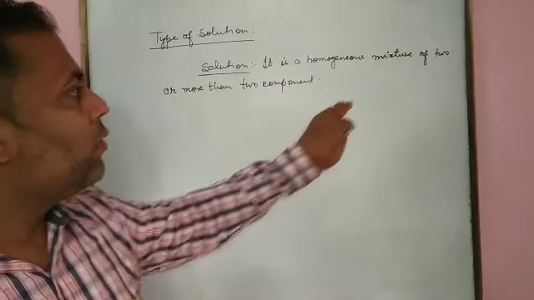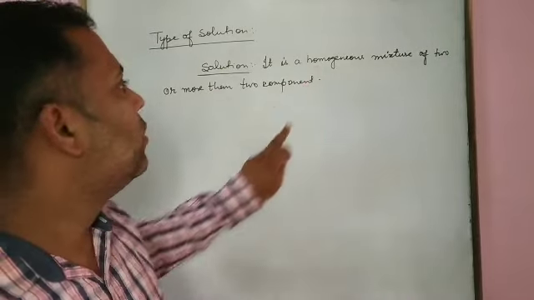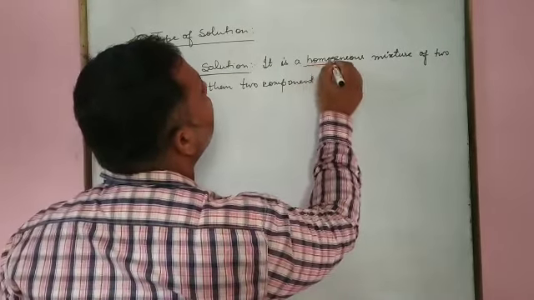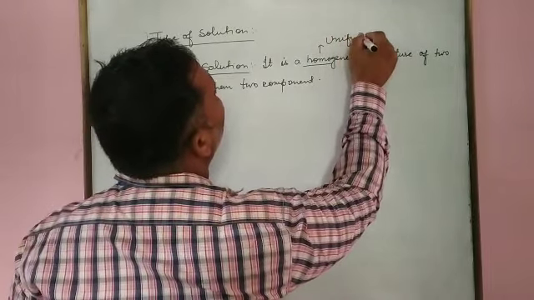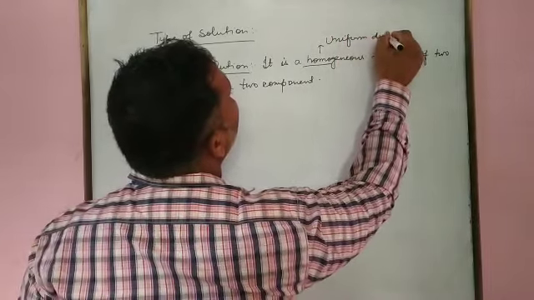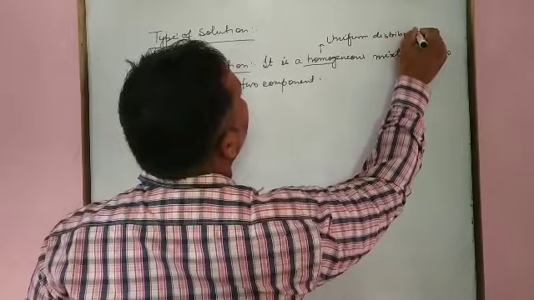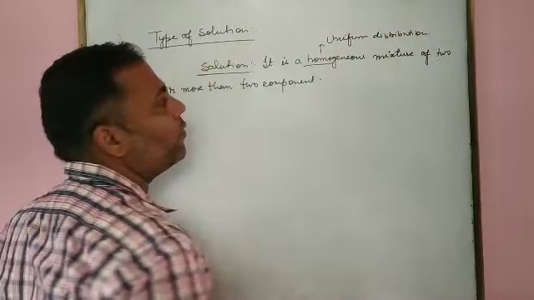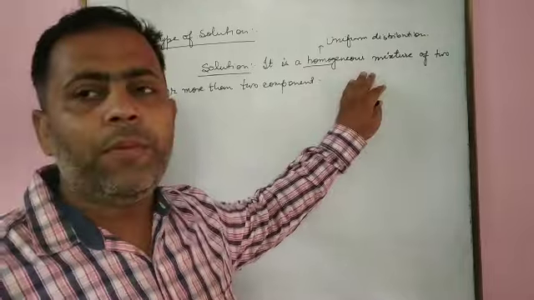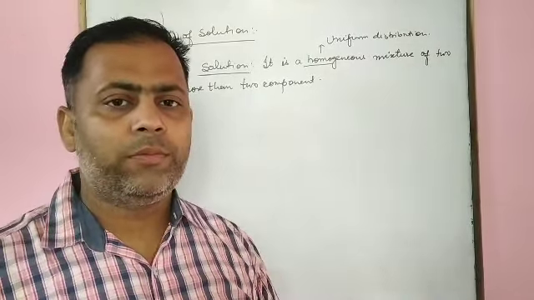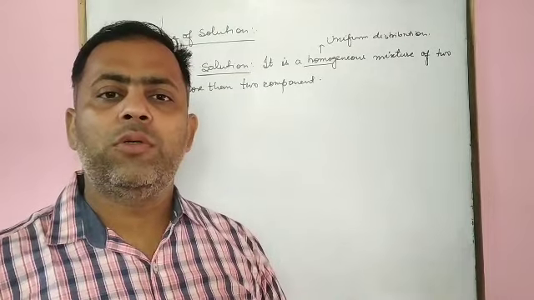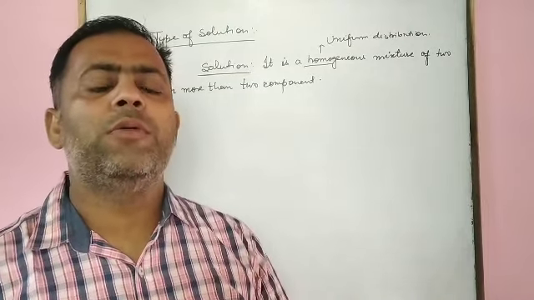Homogeneous, as the name indicates, homo means it has uniform distribution. Uniform means if we have a sugar-water solution, then on mixing sugar into it, it has a uniform distribution.